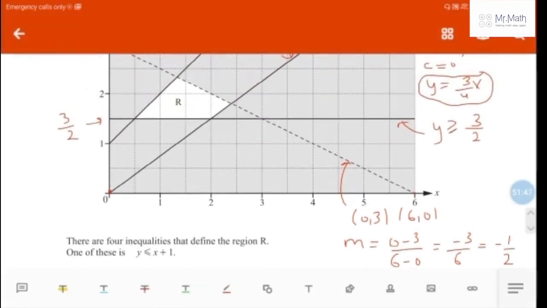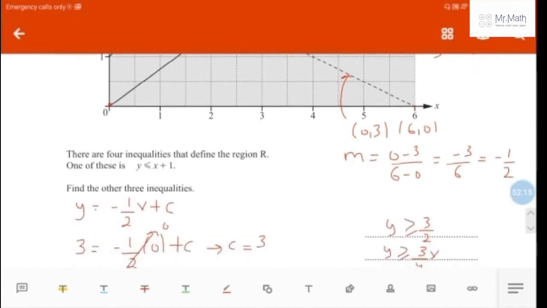Now, since the region R is below the dashed line, y equals negative half x plus 3 is the equation of the dashed line. And since R is the region that is below that line, y is less than. And now, since it is a dashed line, I'm not allowed to include the equal sign.